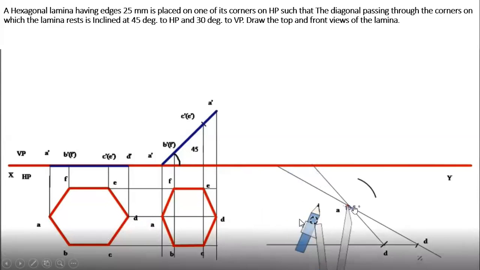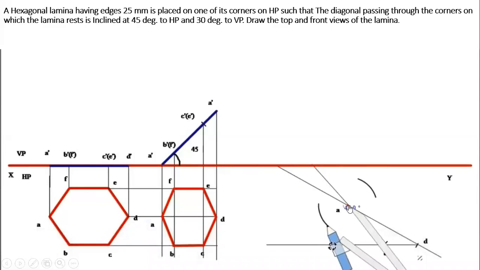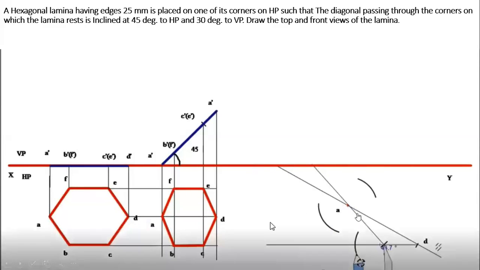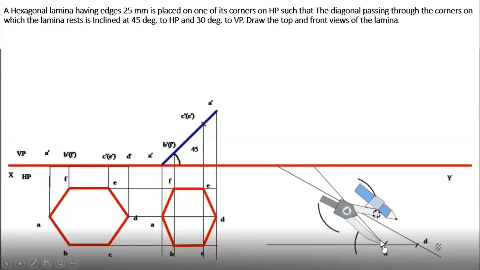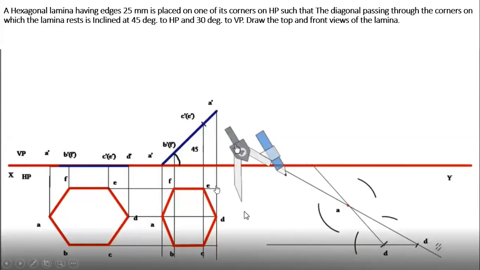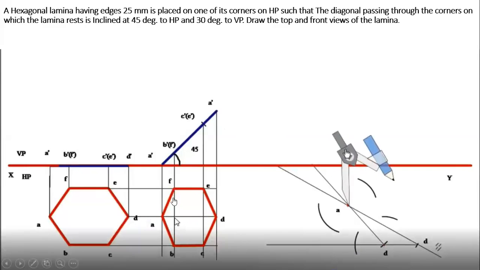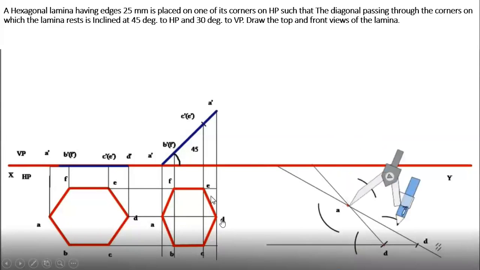So cut from A to B and A to F from the point A on either side. Same distance from D, cut two arcs representing C and E. Now measure the distance from D to B and D to F. Cut an arc.